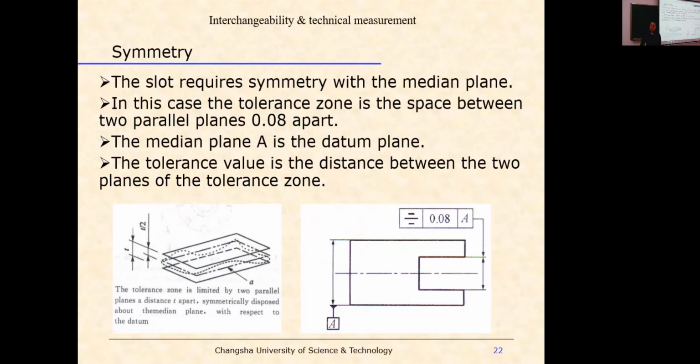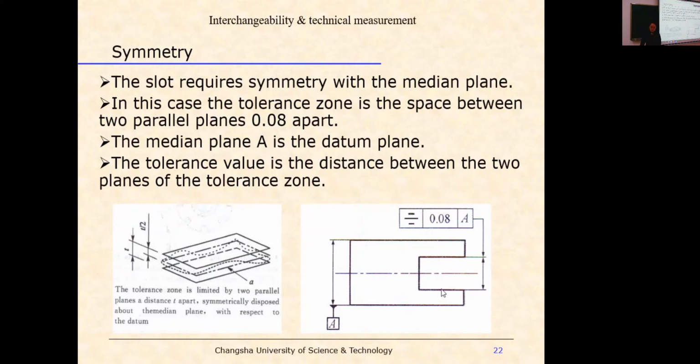It's symmetry. It's not cylindrical, but it's a plane. But if a cylinder is supposed to coincide, the two lines are aligned with the center line, which means it's also symmetric.